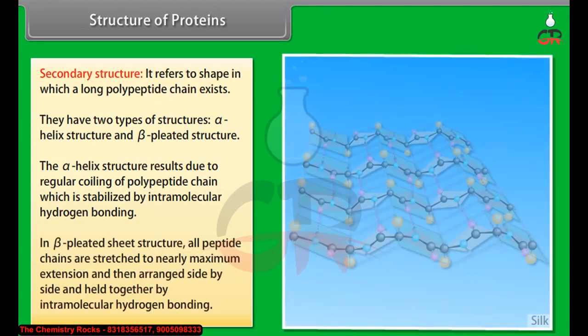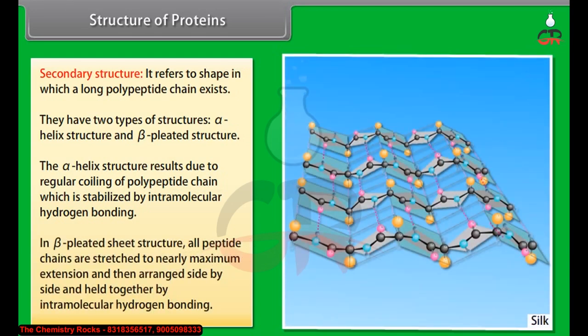In the beta pleated sheet structure, all peptide chains are stretched to nearly maximum extension and then arranged side by side and held together by intramolecular hydrogen bonding, for example, silk.